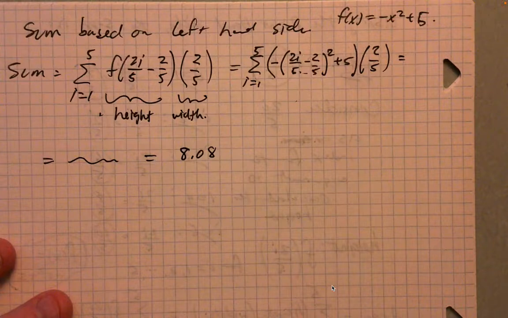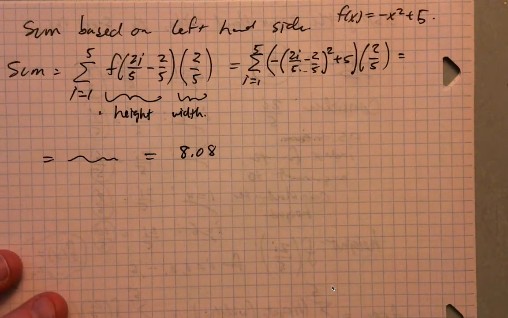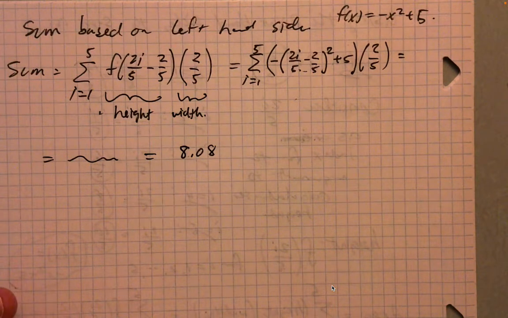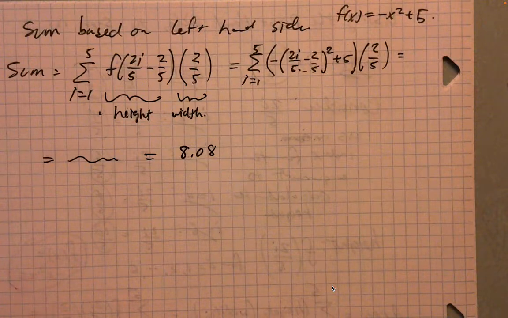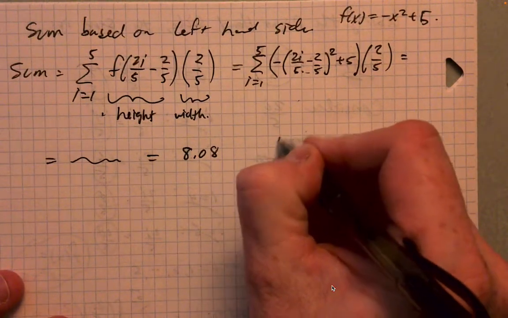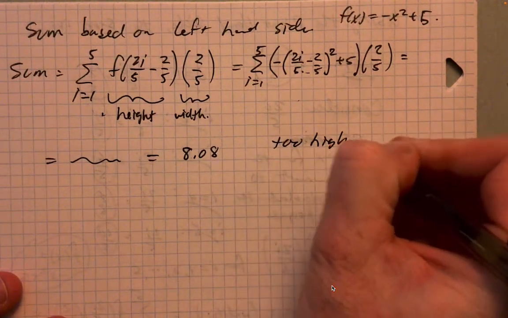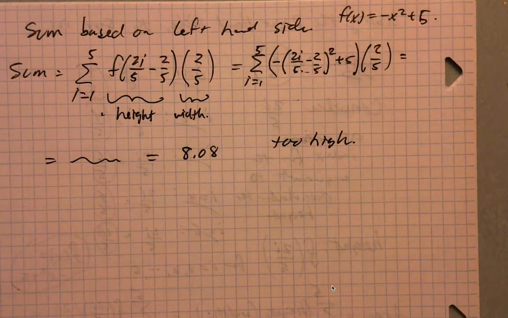Now remember, this is an approximation. Is it going to be a low or high approximation? This one would be too high, right? We're only using 5 rectangles, so it's definitely not going to be precise.